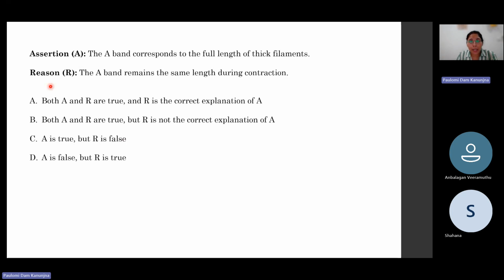So the A band corresponds to the full length of thick filaments. The A band remains the same during contraction. This is important, and do you think this is correct?